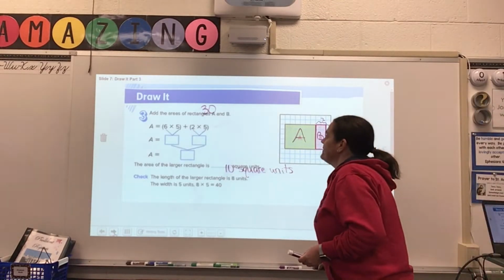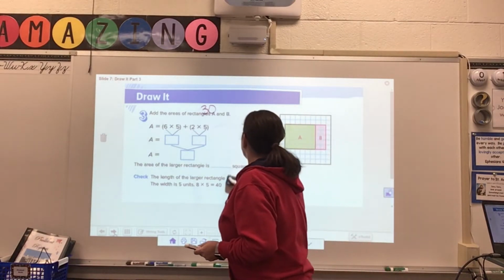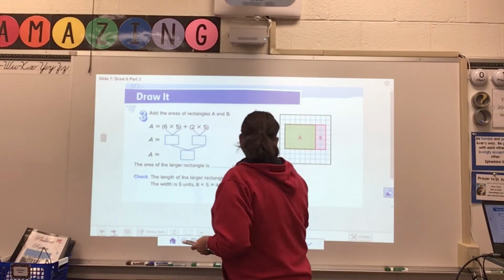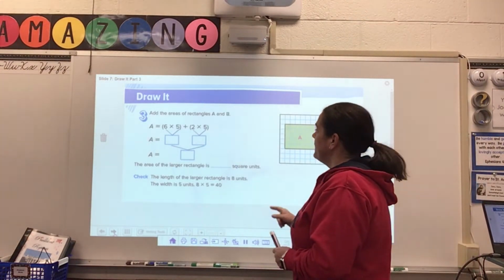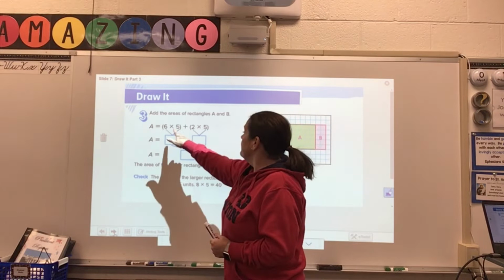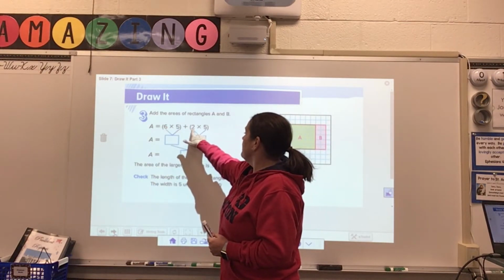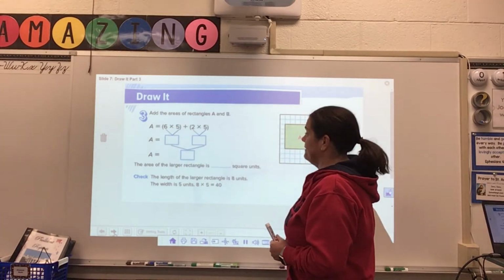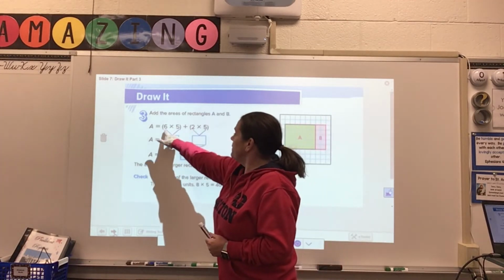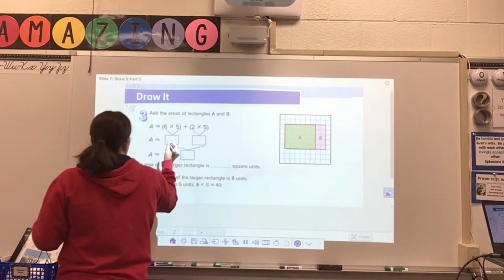All right, the next step is to use the distributive property. And you can see in step 3 here that that's exactly what they did. They distributed the length of 8. It did have a length of 8. And it distributed it, the green was 6 times 5, which was 30.